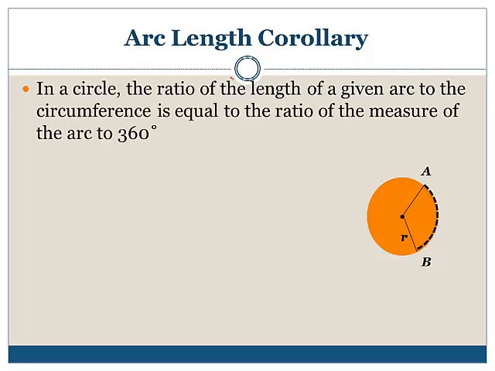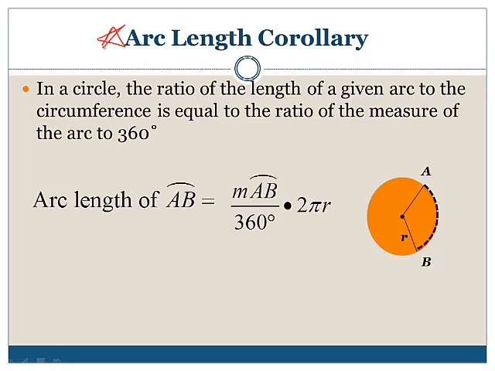Okay, in arc length, here's your arc length corollary. Remember, a corollary is something that's easily proven using the original theorem, which is actually the circumference theorem. In a circle, the ratio of the length of a given arc to the circumference is equal to the ratio of the measure of the arc to 360. It's a ratio, a proportion, which you have done in a previous module. So here's your actual formula.